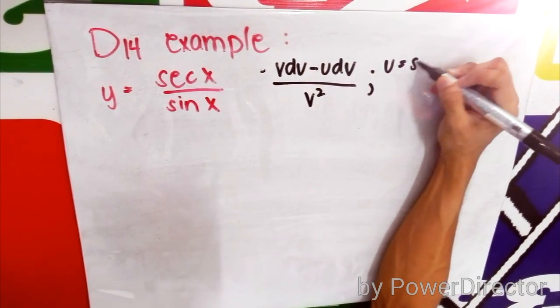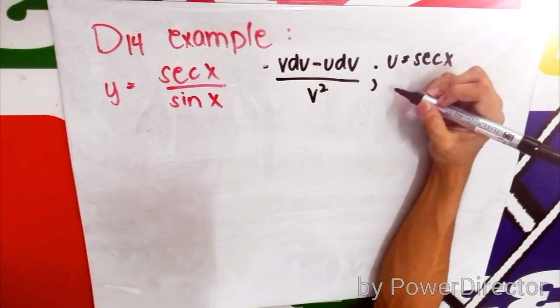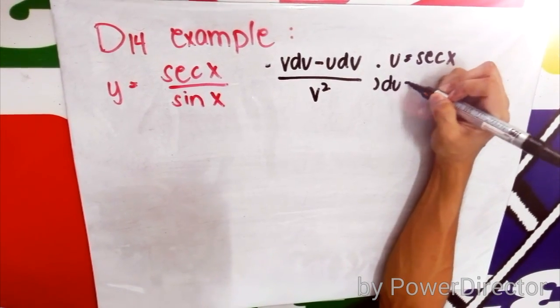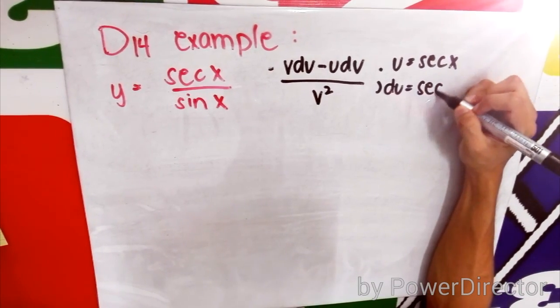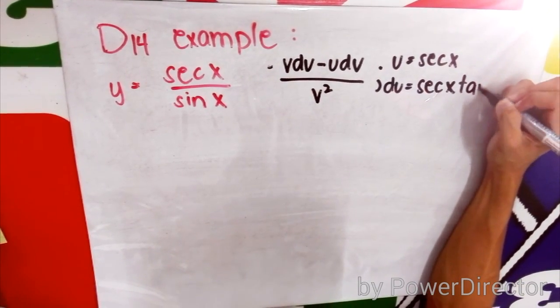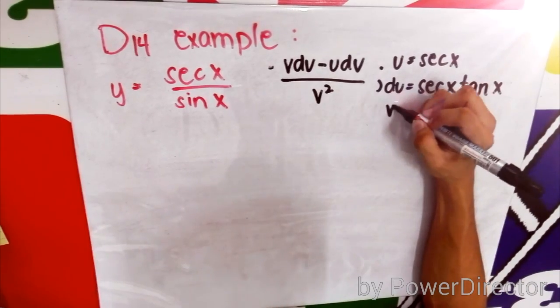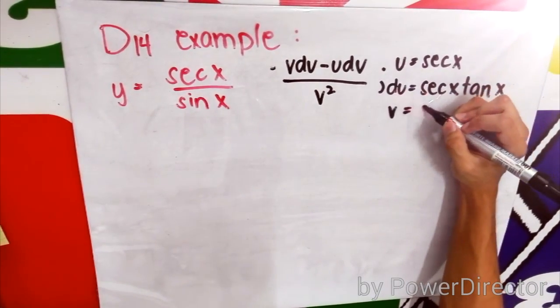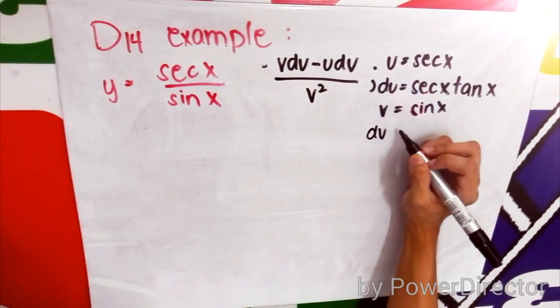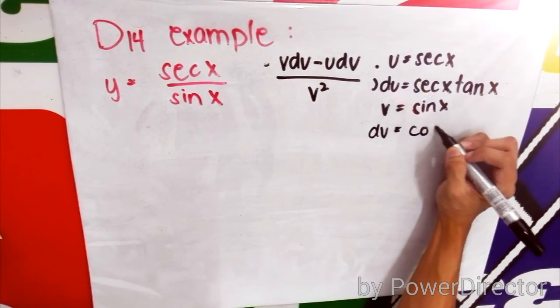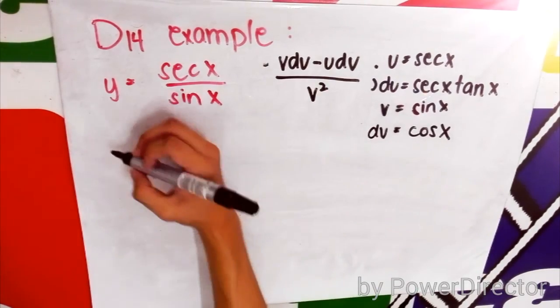U is equal to secant x, the derivative of u is equal to secant x tan x. V is equal to sine x, and dv is equal to cosine x.